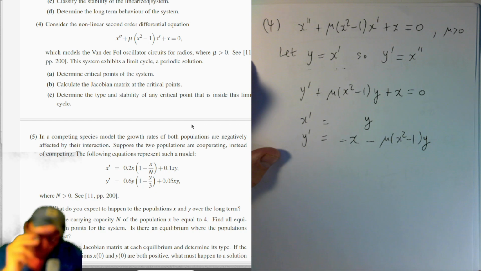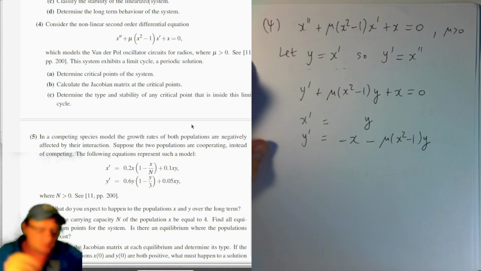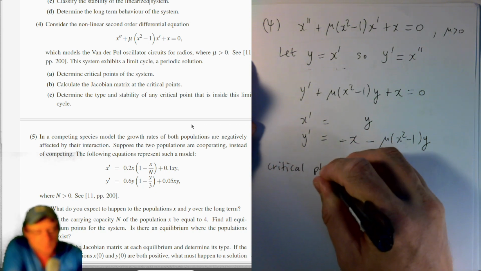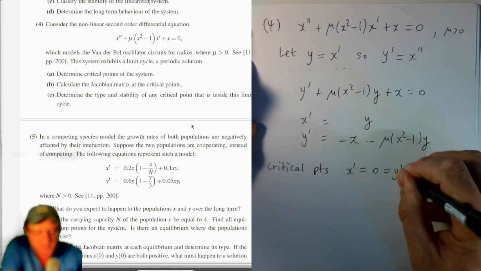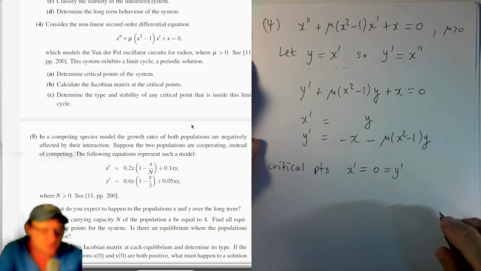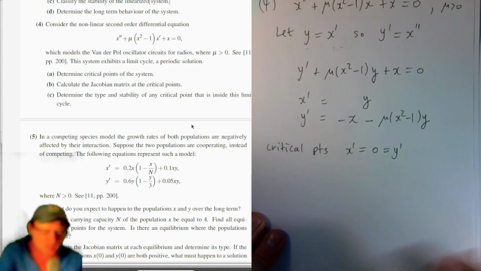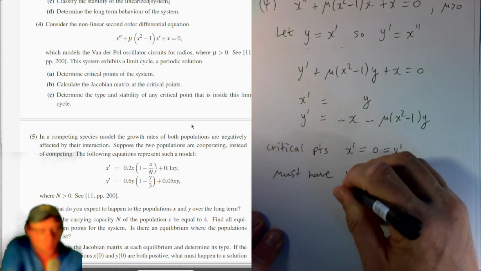Okay, great. So now let's find the critical points of this system. So critical points occur when x dash equals 0 and y dash equals 0. So we can clearly see from the first equation that we must have y equals 0.